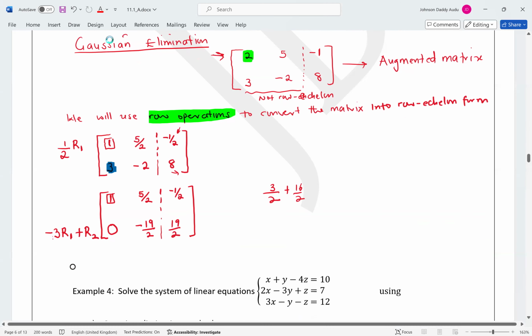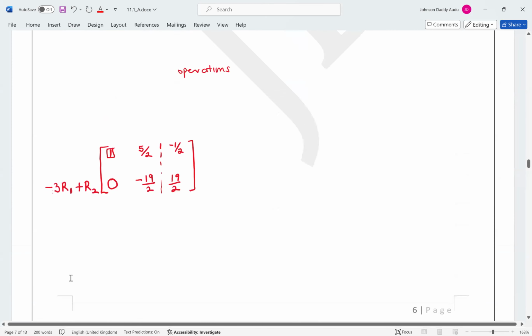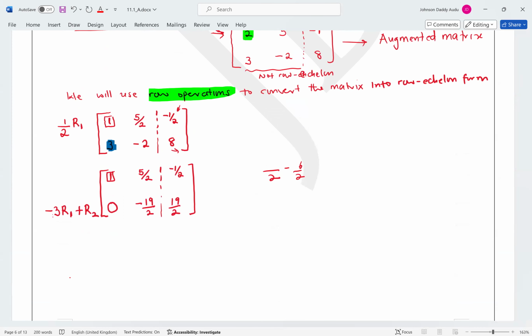Then you ask yourself, is this okay? Is this row echelon? If it is row echelon, you stop. But now let's see. This matrix we have now, this is row 1. Row 1 is good. This is 1. But if you go to row 2, these elements must also go to 1, because it's the first non-zero element in row 2.